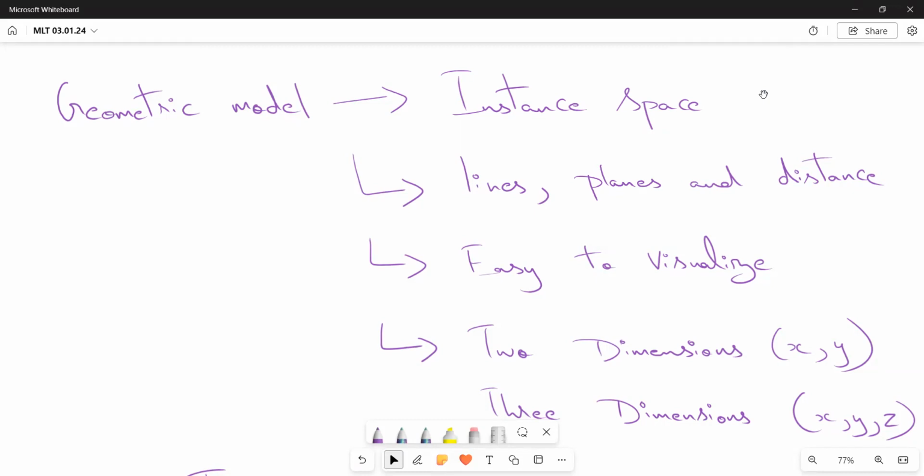So what is a geometric model? It is termed as the set of all possible instances, that is the instance space. Now what is this instance space?